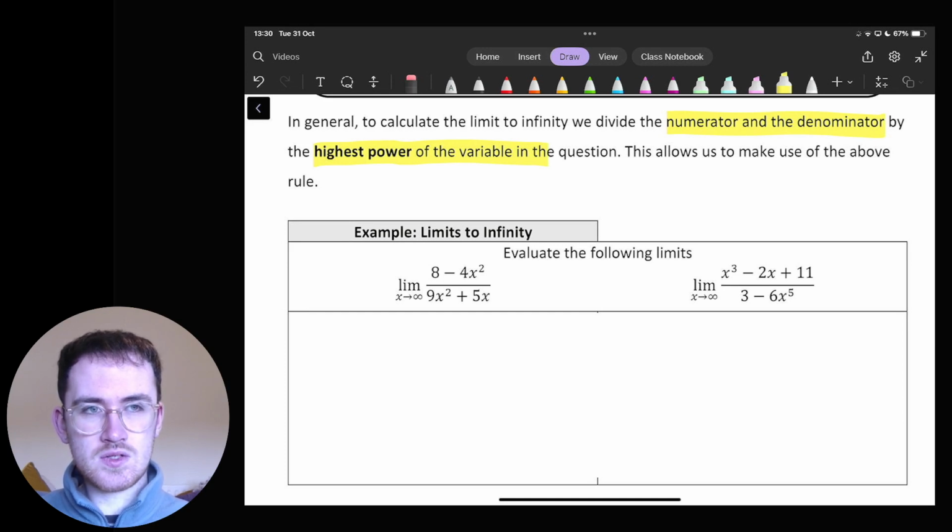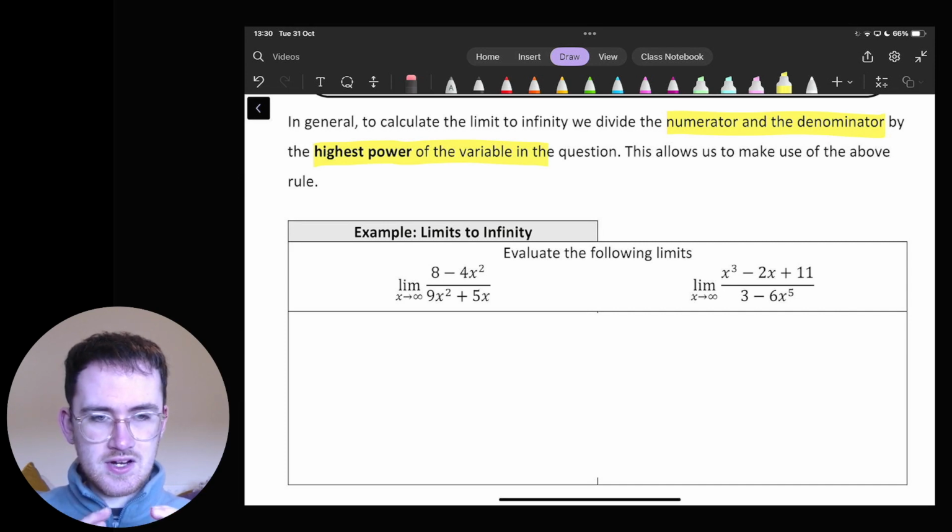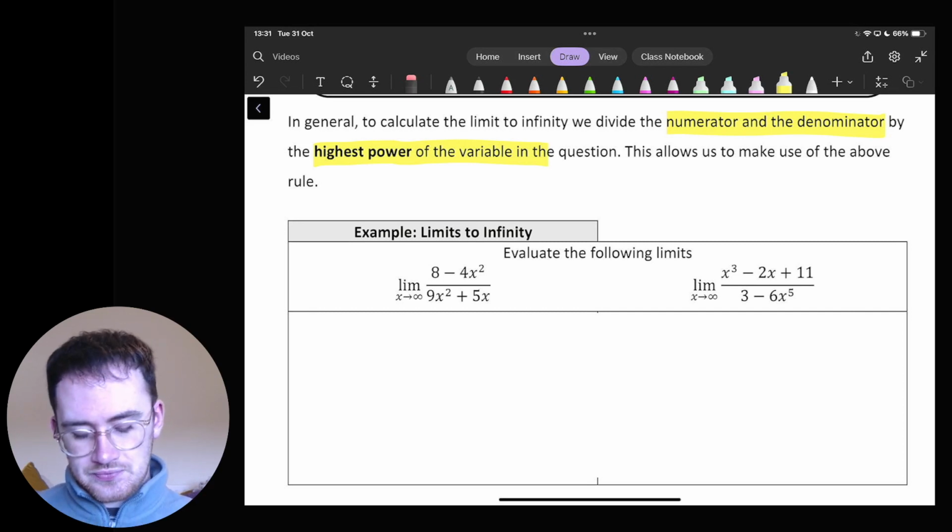What we're trying to do is we're trying to have terms that have no variable in them, and then have terms that have got variables in them. So we're trying to, in some cases, have no variables so that we have a limit result at the end, but then in other cases that do have a variable, we want only to have variables on the bottom of the fraction. That's kind of the idea that we're going for, and the best way to achieve that is divide by the highest power of the variable. And in doing that, we're kind of ensuring that if there are variables, they're only going to be on the bottom of a fraction. So when we evaluate our limits, then we end up having no variables left.